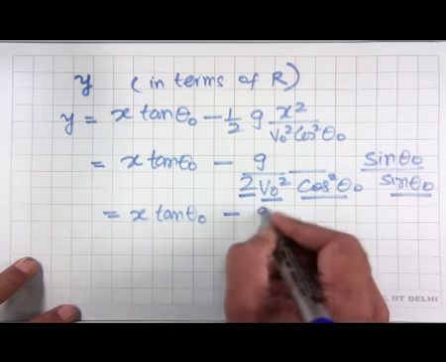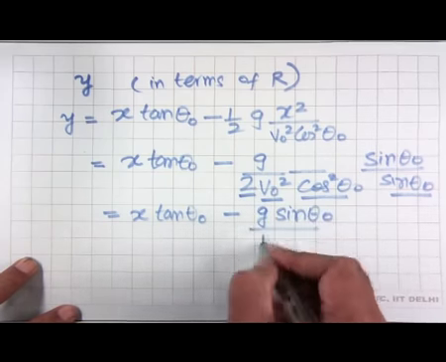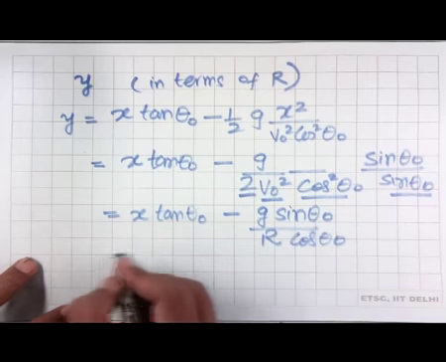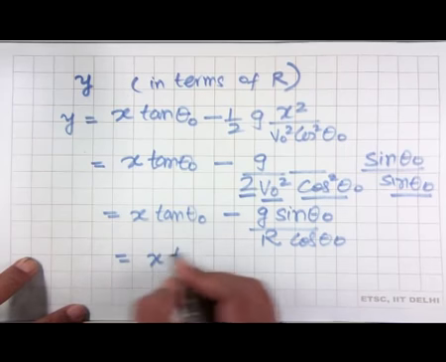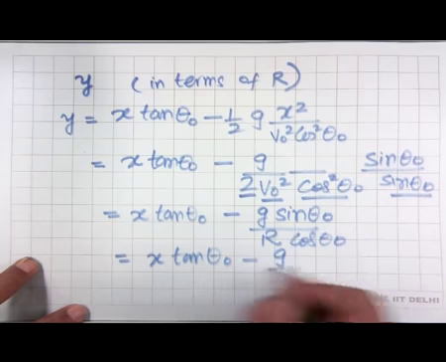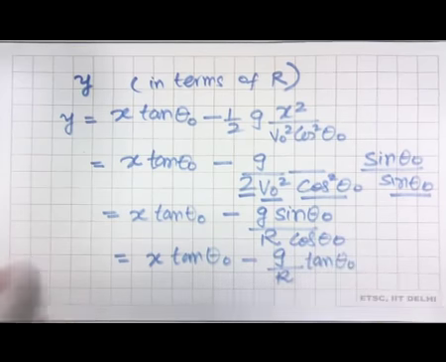So that becomes equal to minus g sin theta 0 upon r times cos theta 0. So this becomes equal to x tangent theta 0 minus g by r tangent theta 0.